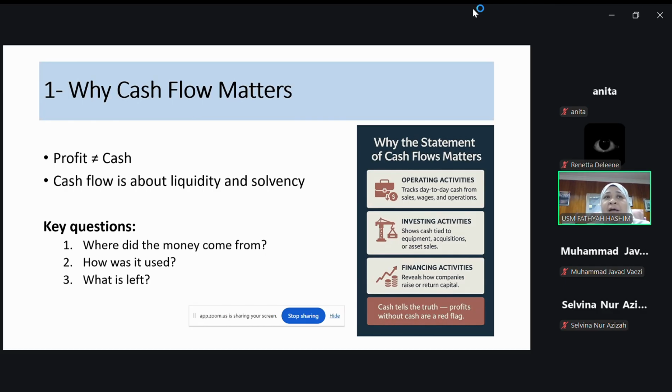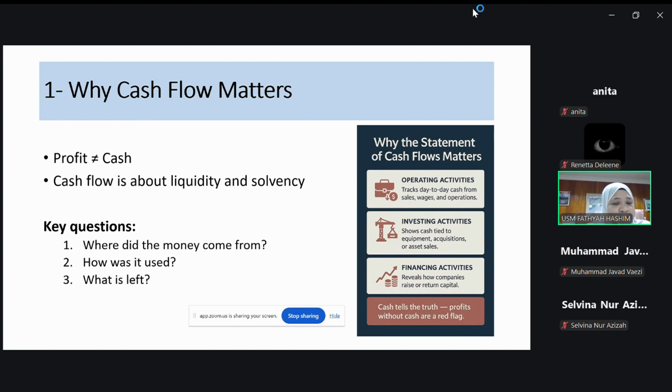So it is for other non-cash items, which are also considered in the preparation of the income statement. So the profit that is shown is not the same as the cash that the company has at the end of the period that we are reporting.